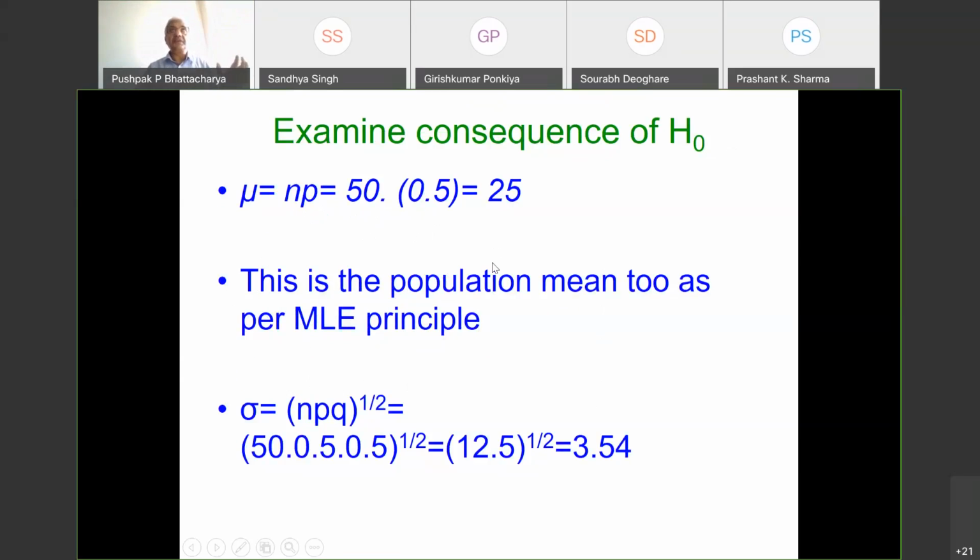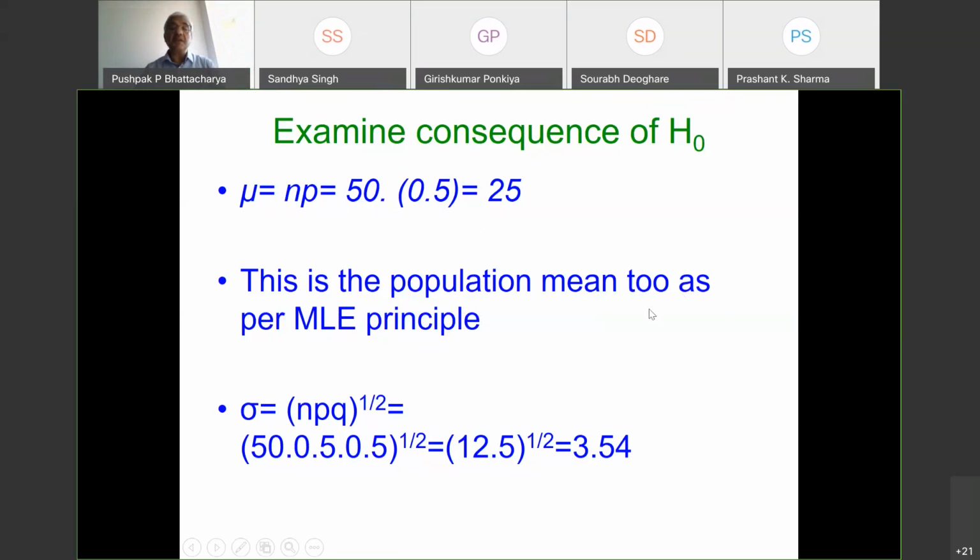Out of 50 words tagged by this named entity identifier, if it is using a fair coin for its algorithm and its tosses, then the expected number of correctly tagged words is 25. So the mean number of correctly tagged words will be 25.